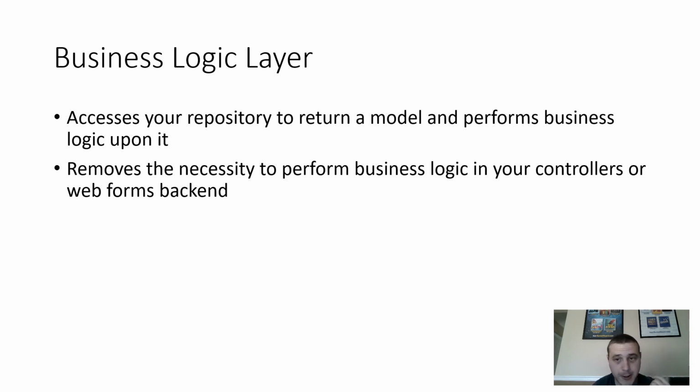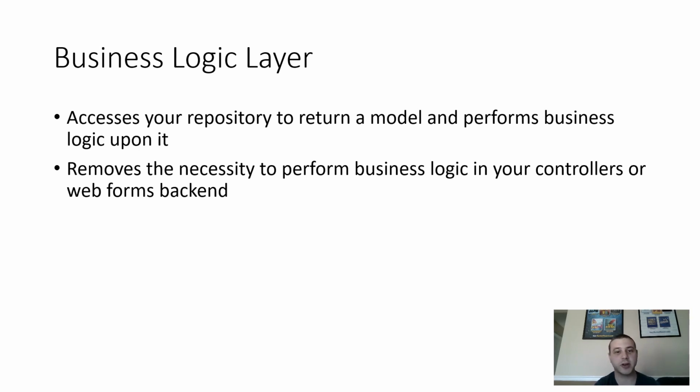Or let's say the user selected multiple checkboxes. Let's say you had a bunch of orders, and you have an order model, and the user was able to select a bunch of checkboxes to select all these different orders. And they click a button that says complete these orders. What you could do is pass that list of orders that the user selected to the backend, and then to the business logic from there.